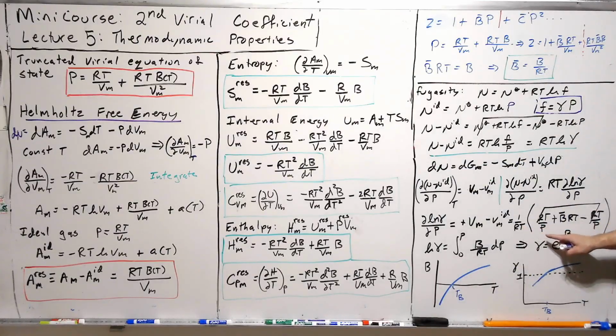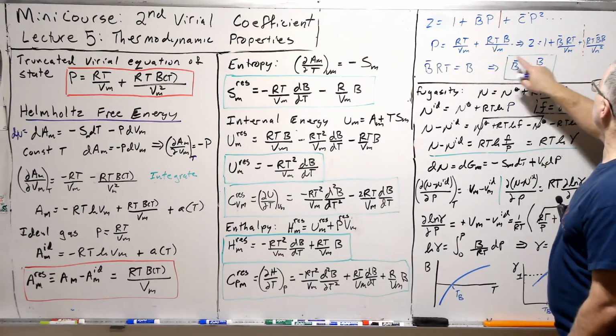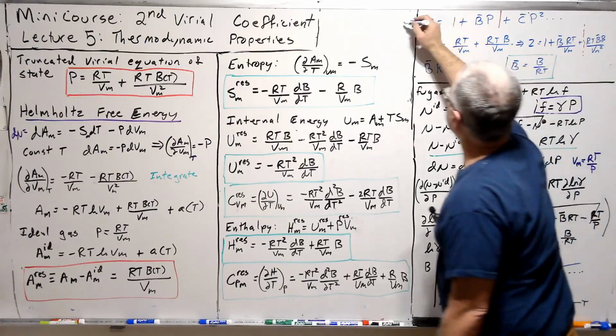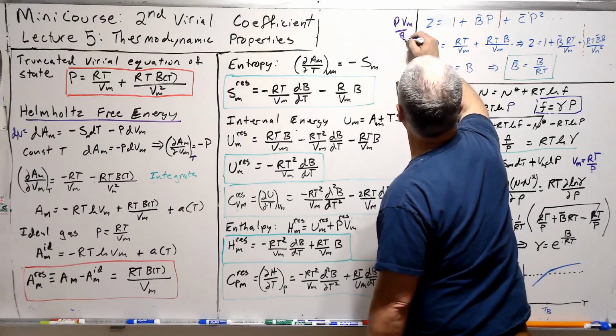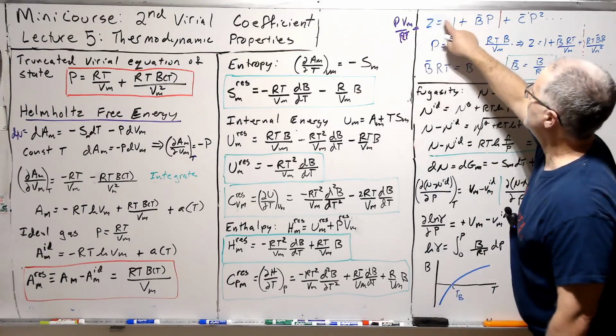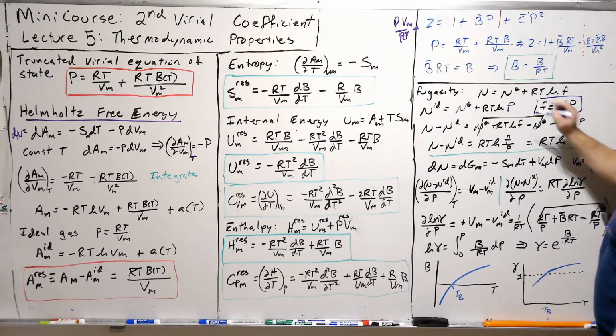Okay, let's plug in now the virial series in P. So Vm is RT over P. I'm going to bring across the RT, divide by the Vm, and then the P is going to cancel here.